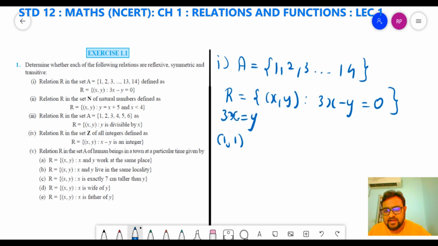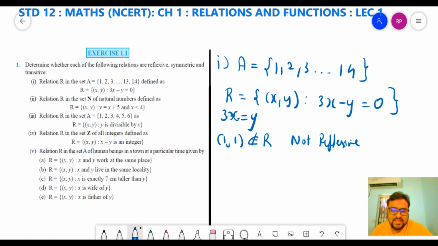I cannot write that 3 into 1 equal to 1. No, right? So that means this does not belong to R. Therefore, it is not reflexive. Okay? Clear?